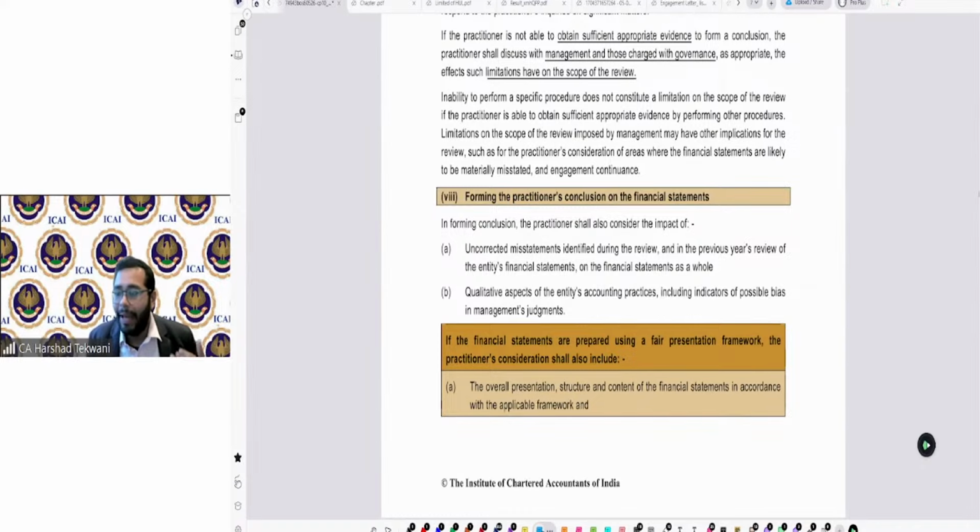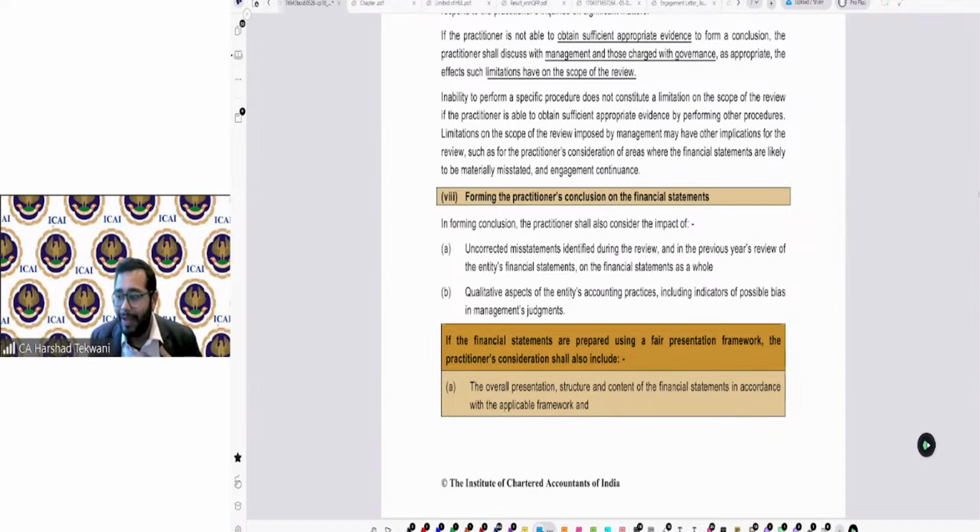I need to understand whether the terminologies, disclosures, accounting policies and accounting estimates used are as per the requirement of the framework. Then, whether the information presented is relevant, reliable, comparable and understandable or not.